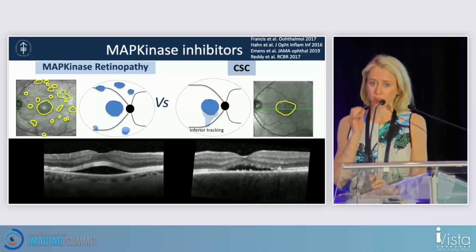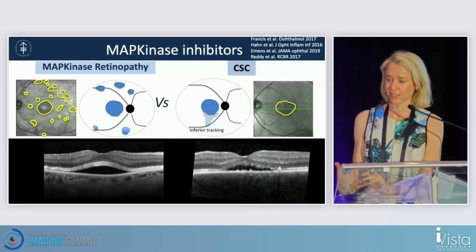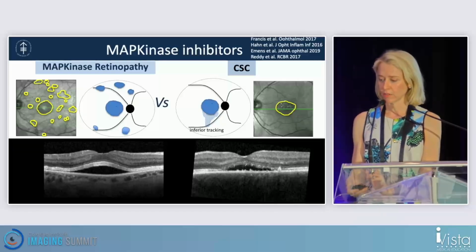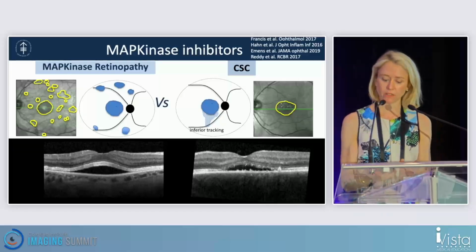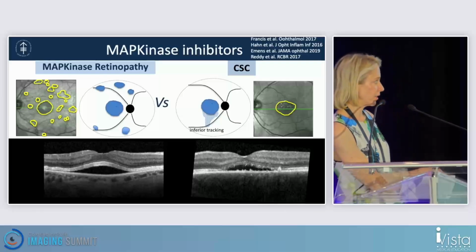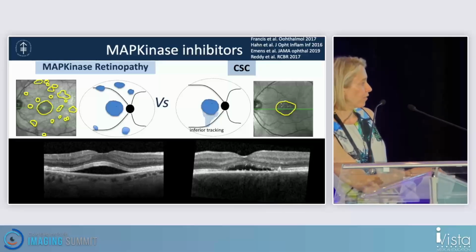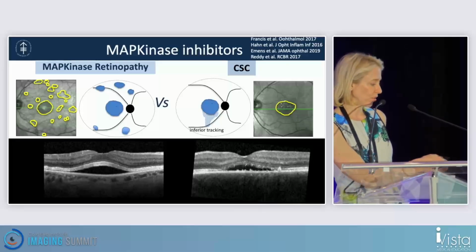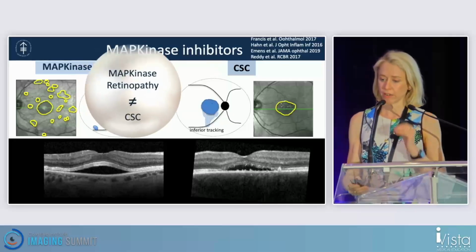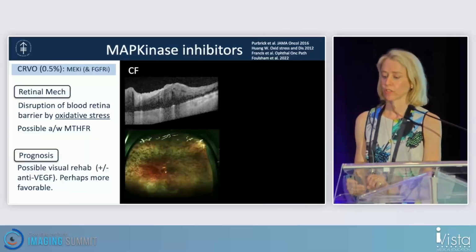I hope I've shown you imaging to explain that this is not CSC. An example here, I think I've told you already, is that there is no thickening of the choroid in this entity, and the photoreceptors and the retinal pigment epithelium remain intact. Unlike often in CSC, you do not get loss of the outer retina once the fluid resolves.